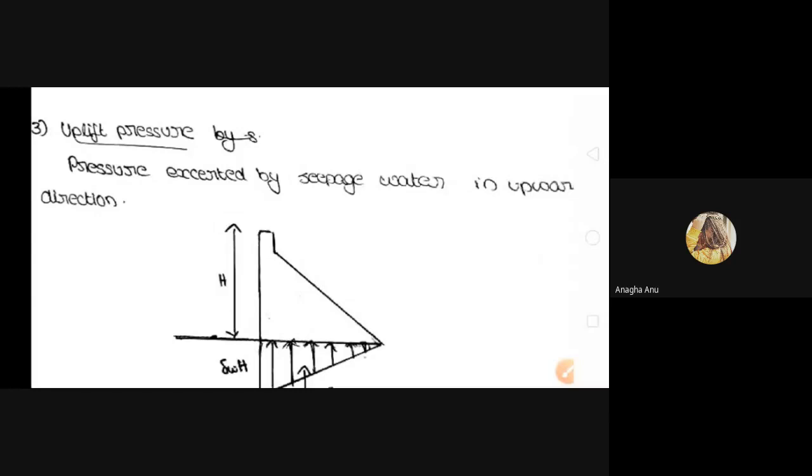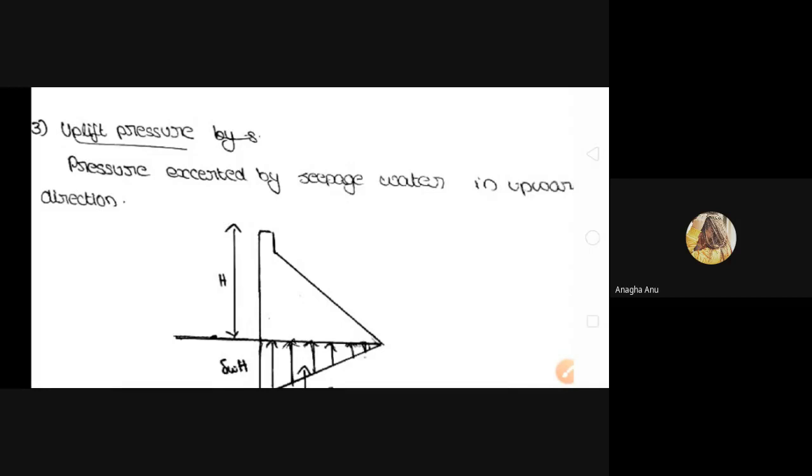Sri Lakshmi. Okay, Vibin, what do you mean by uplift pressure? Is it due to the water in the upstream or the water in the downstream or the seepage water?